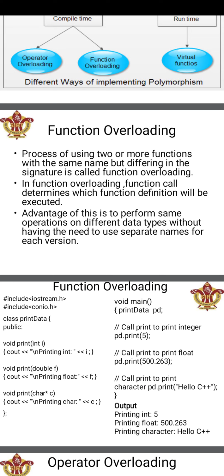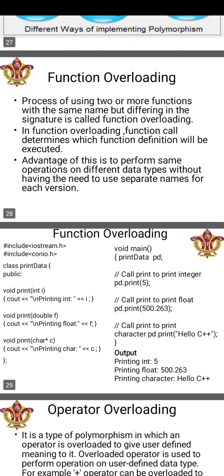It is natural that we will be more comfortable if the function name is area for calculating the area of a rectangle or circle or square or any other thing. So this power is provided by the function overloading mechanism of OOPM.